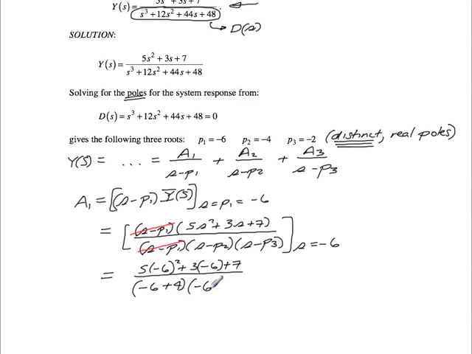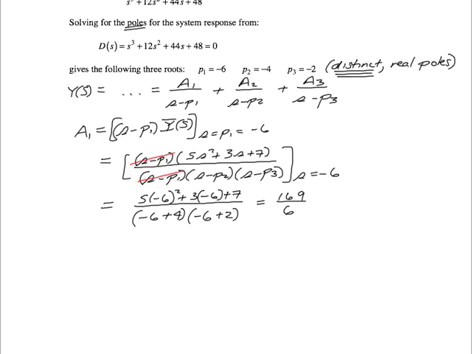Then s evaluated is minus 6 minus p3, which is minus minus 2, so that's a plus 2. So in the end we get 169 divided by 6.